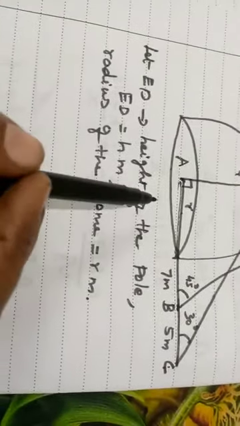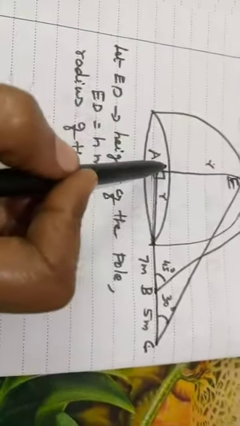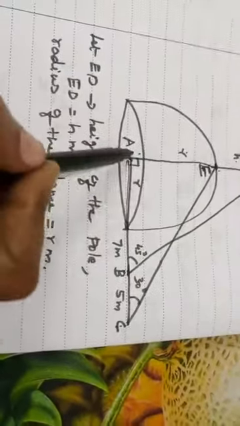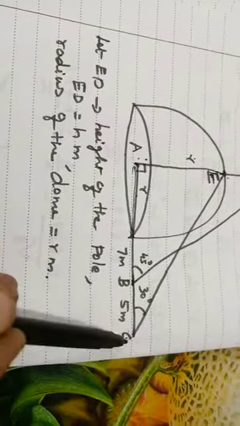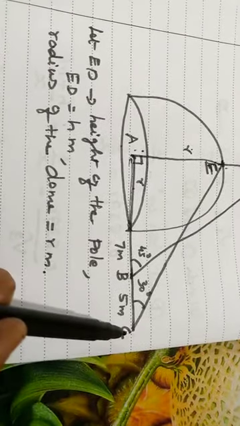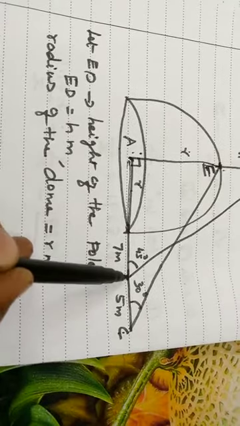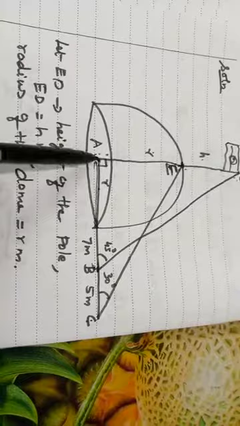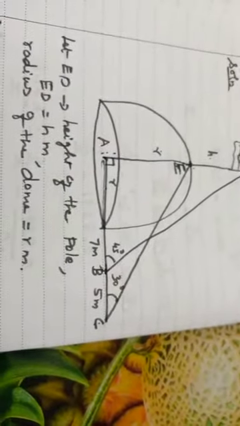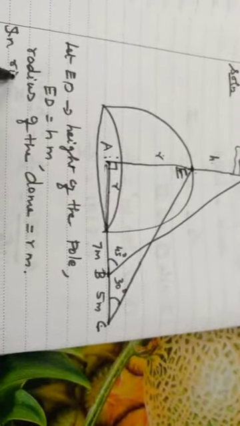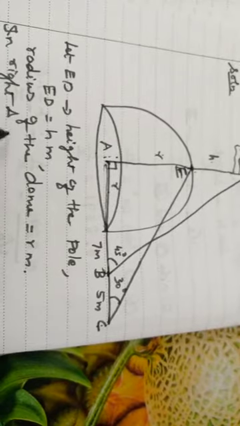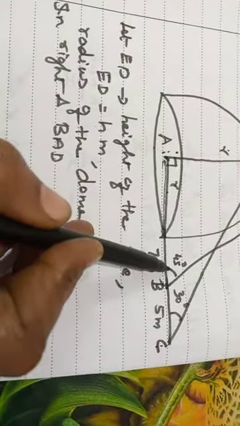So to find this R, the opposite side, theta is here now. So let us take the right triangle first of all, BAD. So in right triangle BAD, here the angle is 45 degree now.